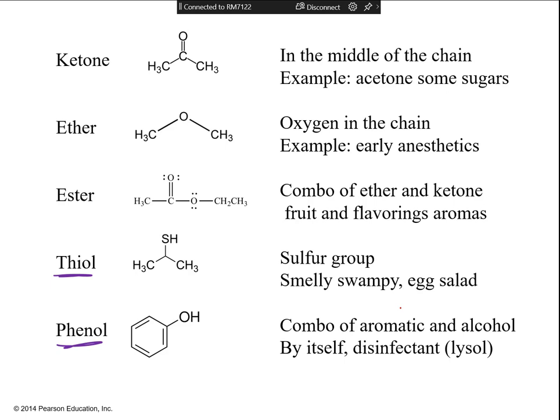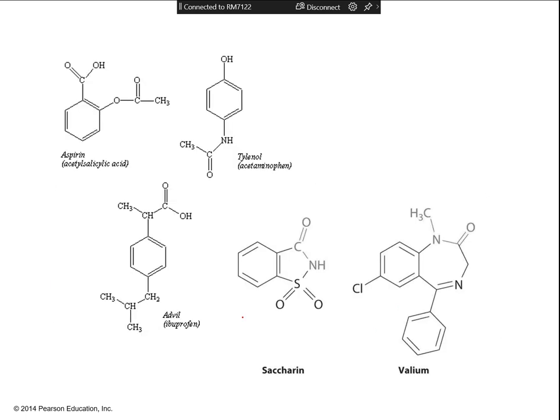Okay, so look at these. And you tell me, let's look at aspirin first. There are three functional groups in aspirin. This is acetylsalicylic acid. We're going to make aspirin, I think it's next week in lab. So looking at it, you look at your card and tell me, can you find a functional group that's listed on that card?